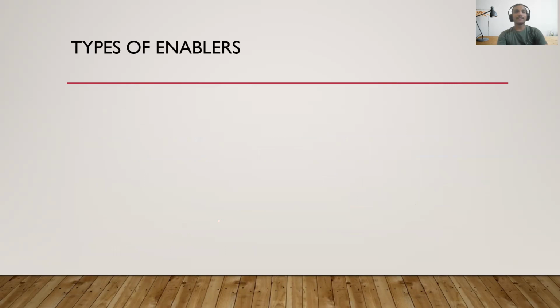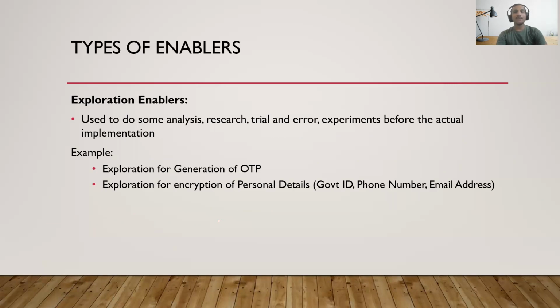There are 4 types of enablers. The first one, which you can call the most common, is the exploration enabler. This type of enabler comes up every now and then, as and when teams try to do something new for the first time.